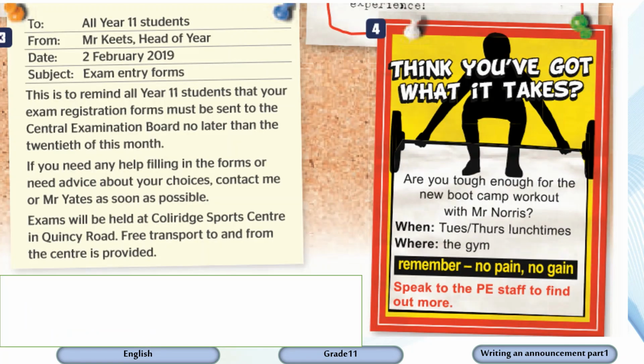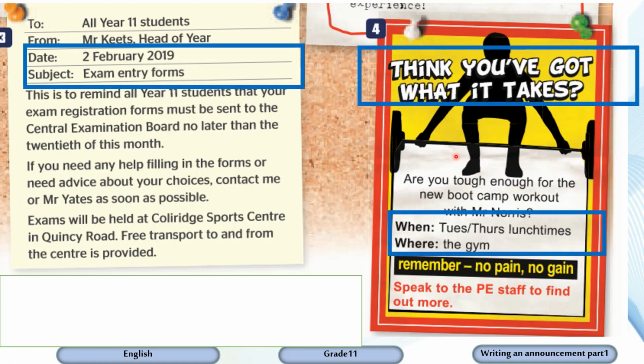So now let's have a look at the announcements 3 and 4. Focus on the box text, the date, subject or topic. Here the heading, which shows the topic, when and where, the date and the location, and the underlined phrases.